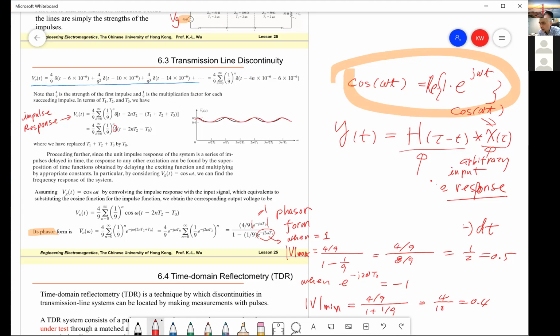We have a maximum value of 0.5. The minimum value is 0.4, in the frequency domain. Because once this changes, that means the frequency changes.